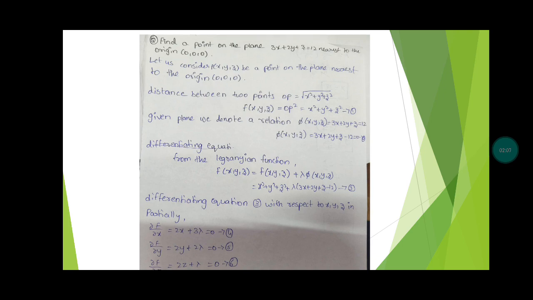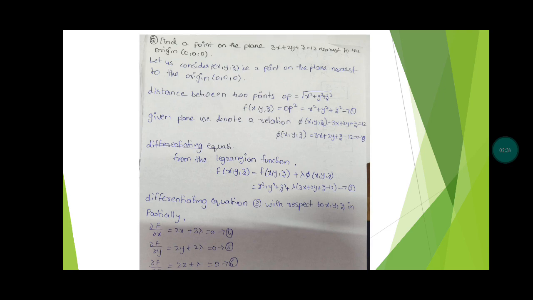Here in place of a, b, c we have x, y, z. So the distance OP is equal to the square root of x square plus y square plus z square, and f(x, y, z) = OP square = x square plus y square plus z square. Here the square and the square root cancel, so we get x square plus y square plus z square. Let us consider this as equation 1.